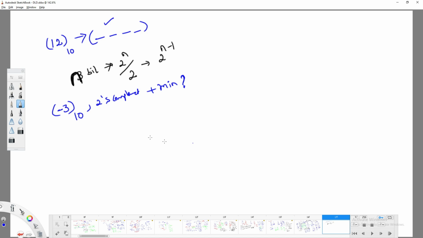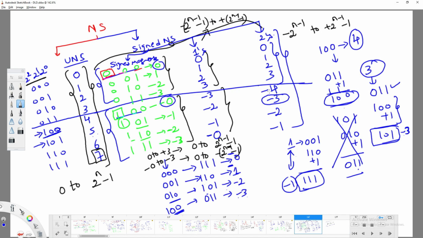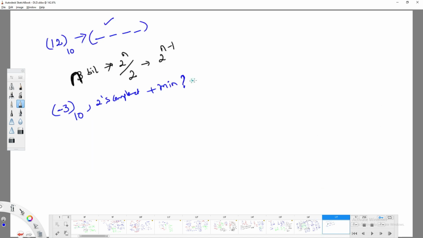See, the question is, I want to represent minus 3, which is in the decimal number system, in 2's complement representation. How many bits are required? Observe, minus 3. If you want to represent it in 2's complement, what is the value? 101. How many bits are required minimum? 3. That is the answer. So 3 bits are minimum required in order to represent minus 3.